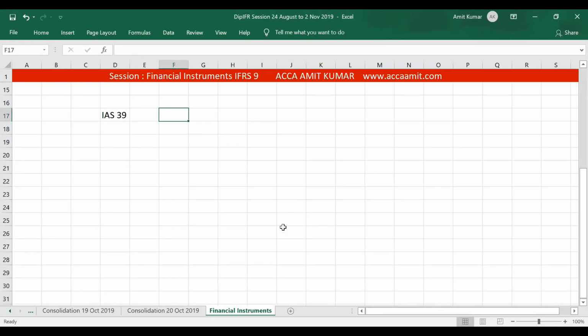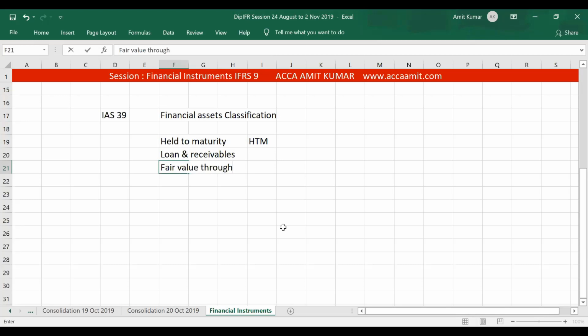IAS 39 financial assets classification: if anyone of you remembers, there were 4 categories: held to maturity, also known as HTM, loans and receivables, fair value through P&L, and anything which we could not identify as HTM, loans and receivables, or fair value through P&L went into a residual category known as available for sale, AFS.